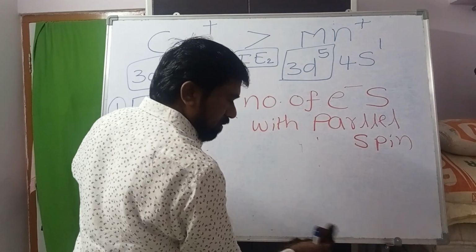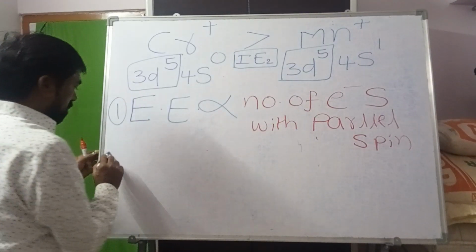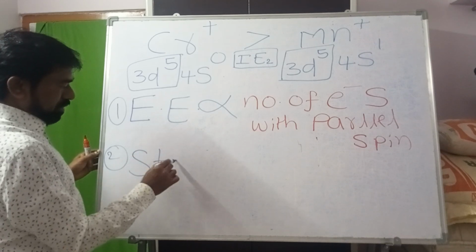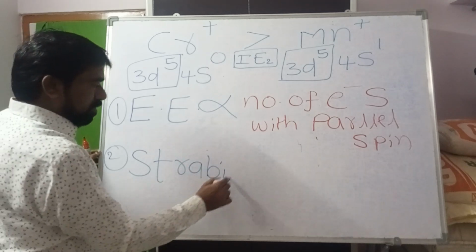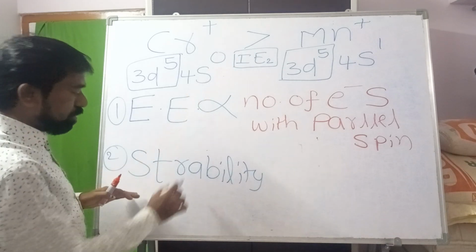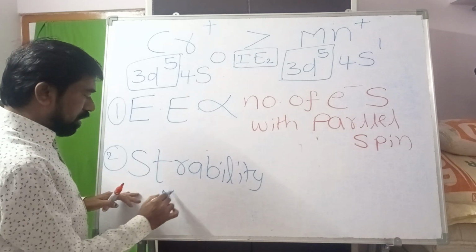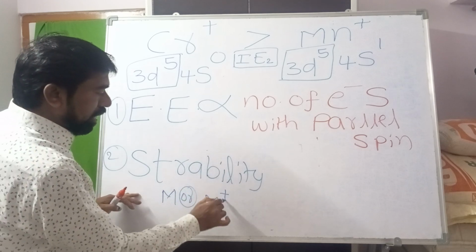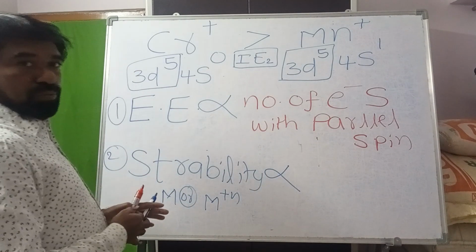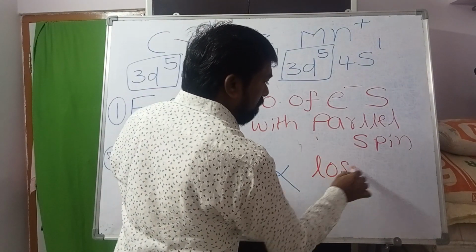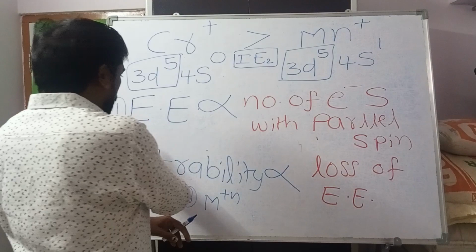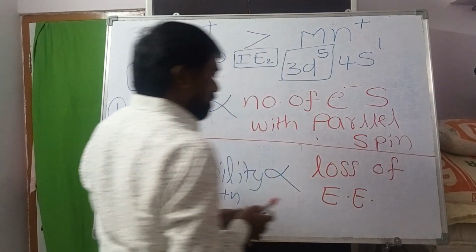The second point about exchange energy: the stability of any ion or atom, of an electron configuration, in the d block, the stability of M or any M+ ion is directly proportional to the loss of exchange energy. These are the two important factors.